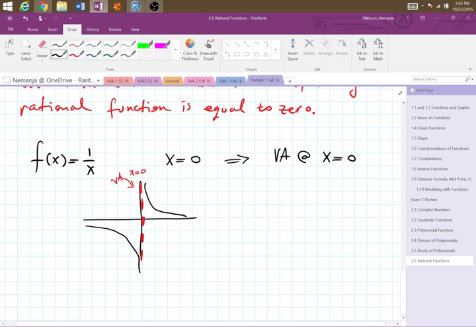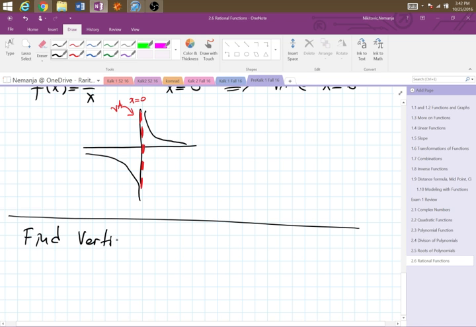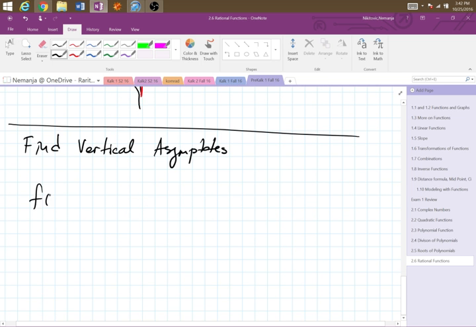So now we would like to see where are these vertical asymptotes. So let's find vertical asymptotes. Let's say that your rational function is given as f of x equals 3 divided by x squared minus 1.